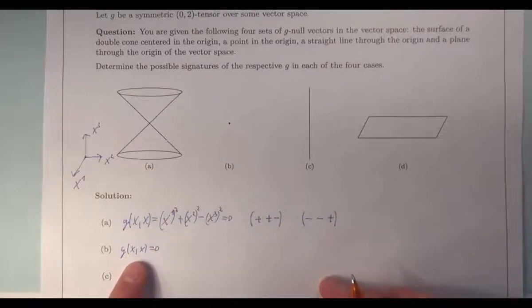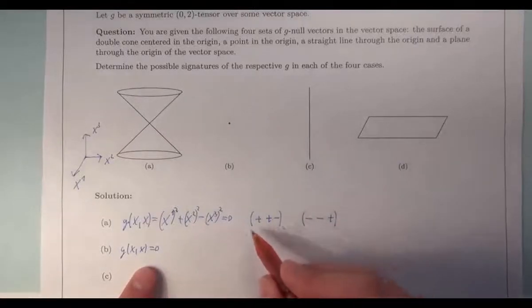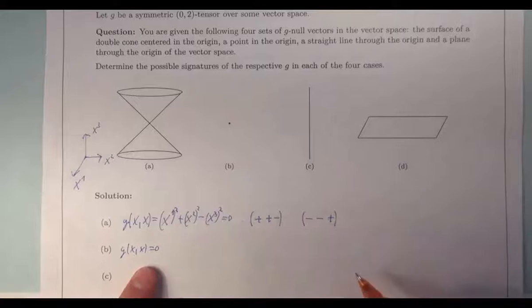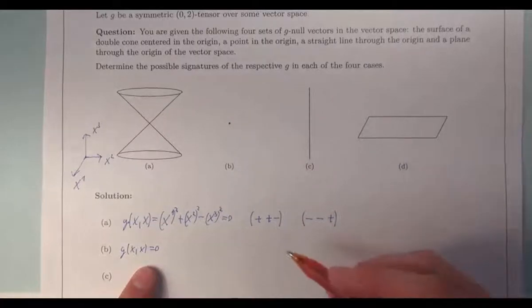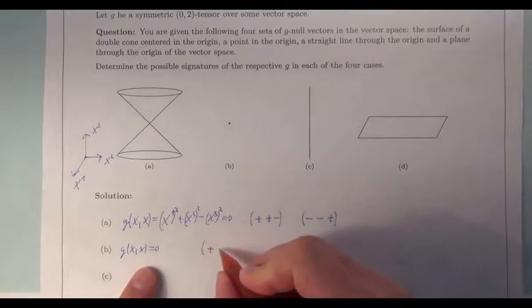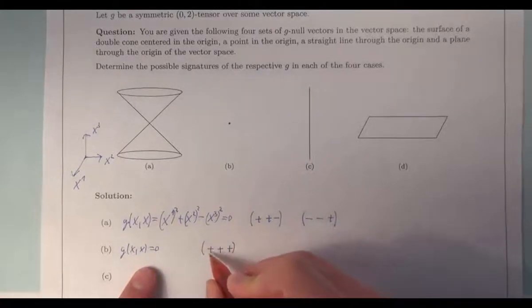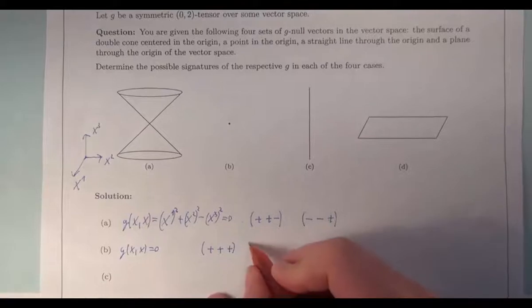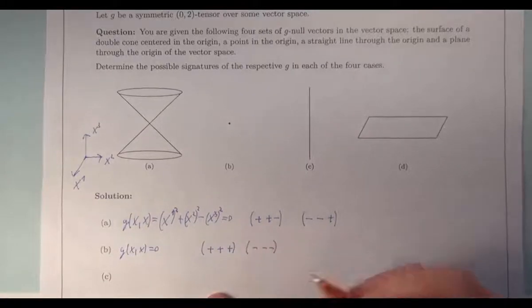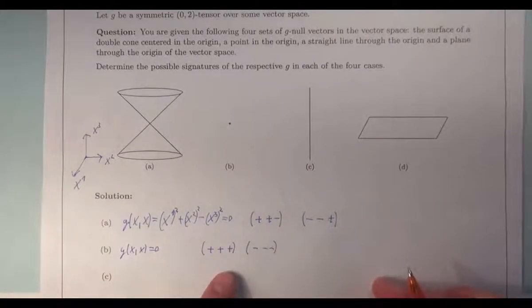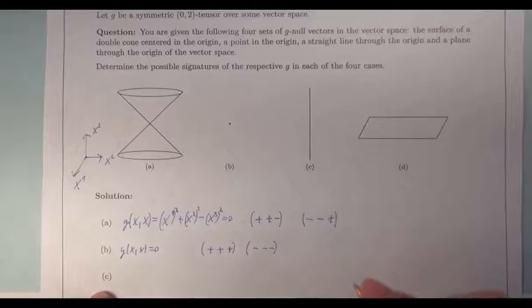Therefore, it should not be possible that we can add some squares of components of vectors up to 0. If we just have plus, plus, plus, then we never will end with a 0, or minus, minus, minus, without taking the null vector. So this is the signature for this kind.